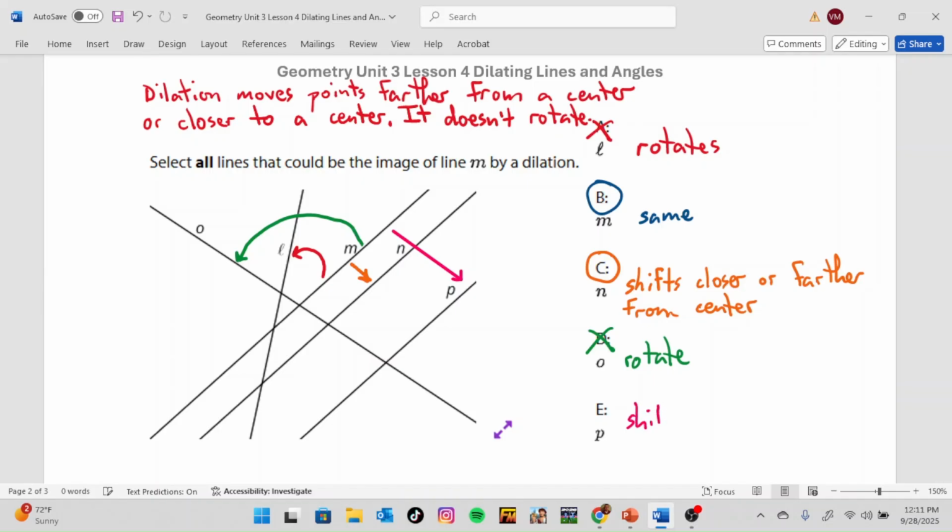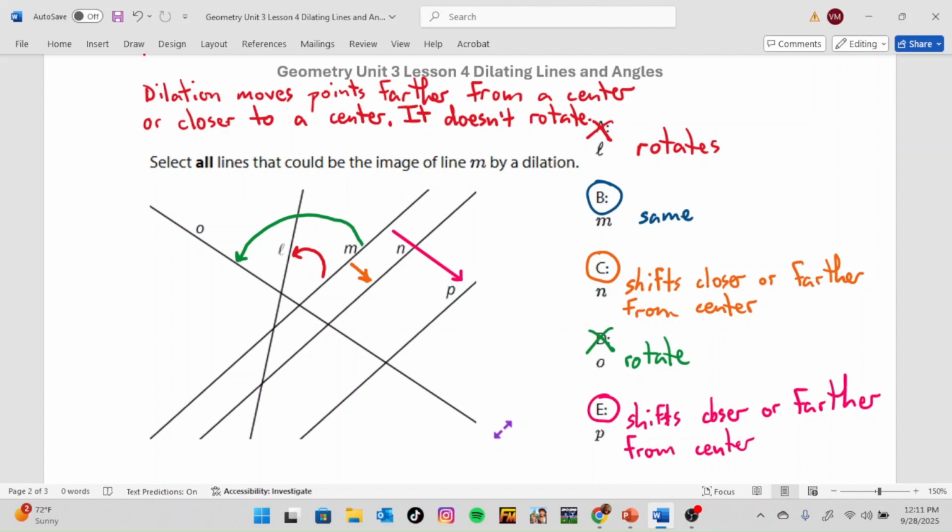So this shifts closer or farther from center. And that's exactly what a dilation does.